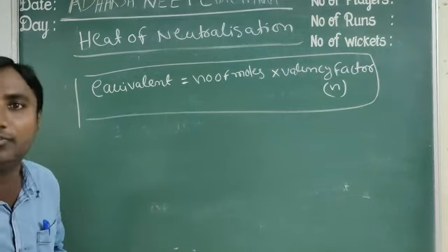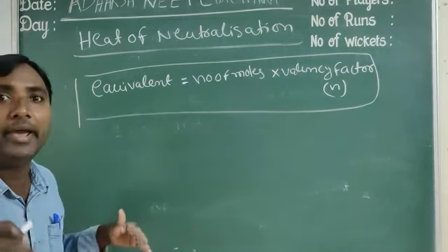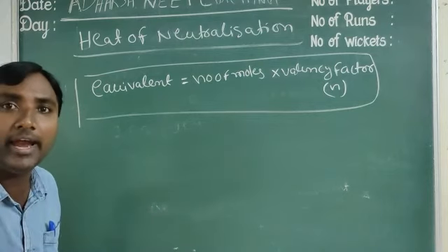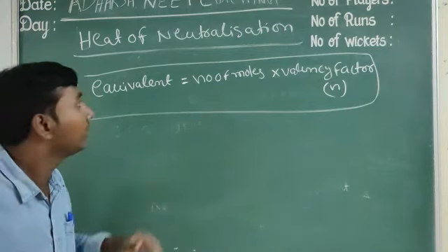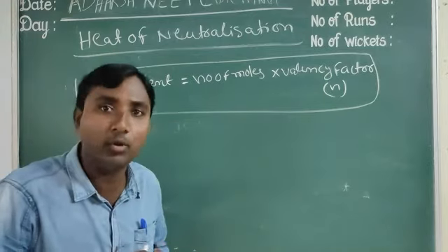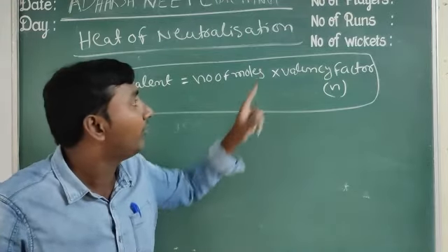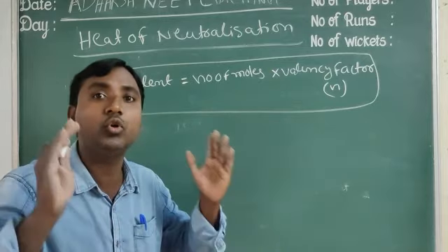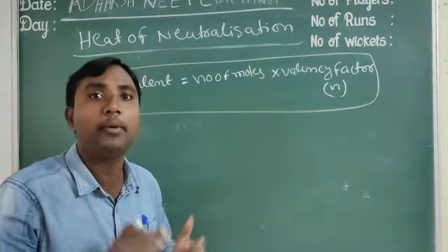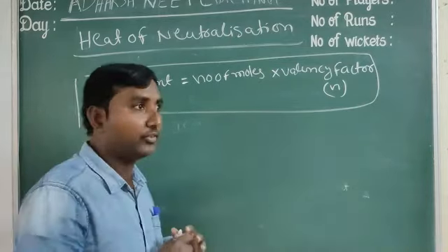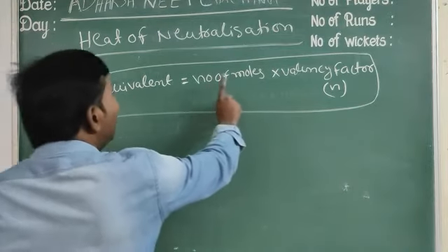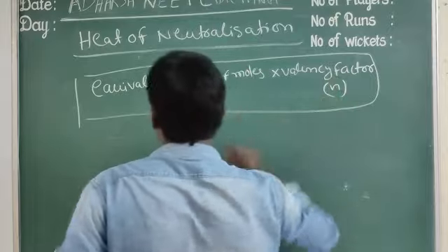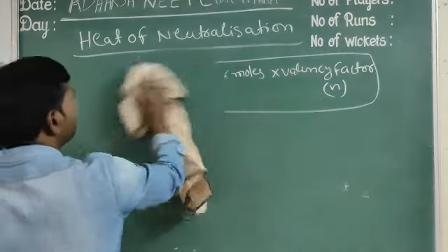This is very important. The valency factor is based on the acidity and basicity of acids and bases. Number of moles you can easily find out, but you should know the valency factor for the proper acid and base. This is the formula: equivalent equal to number of moles into valency factor.